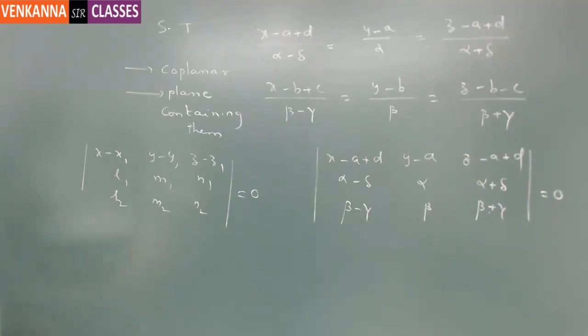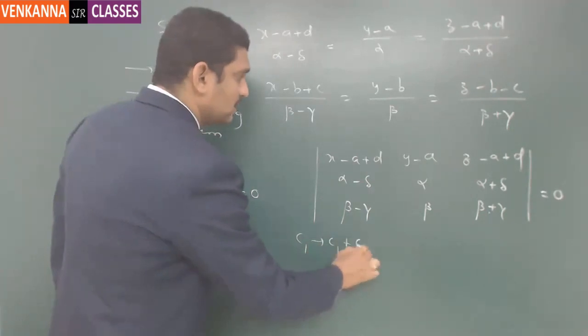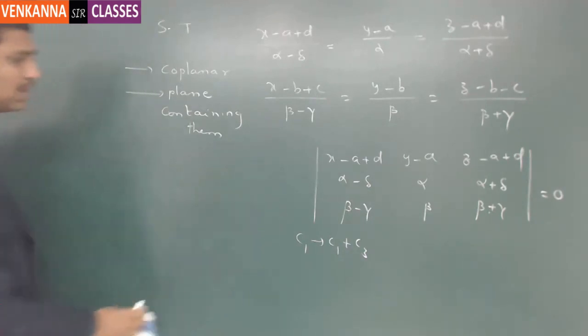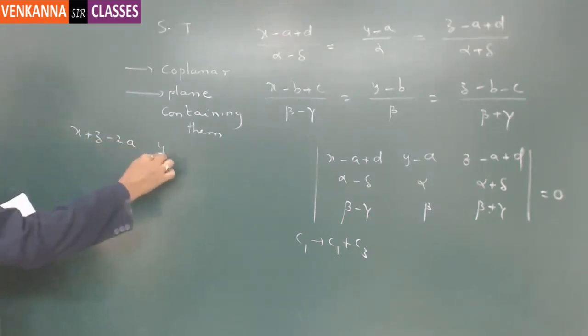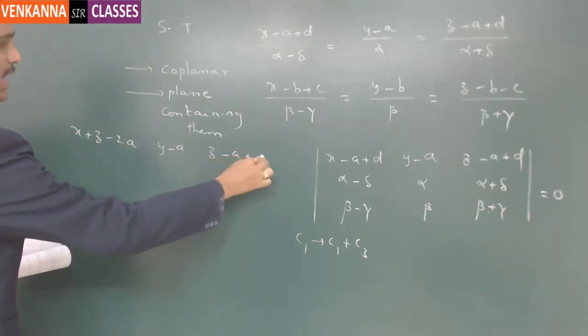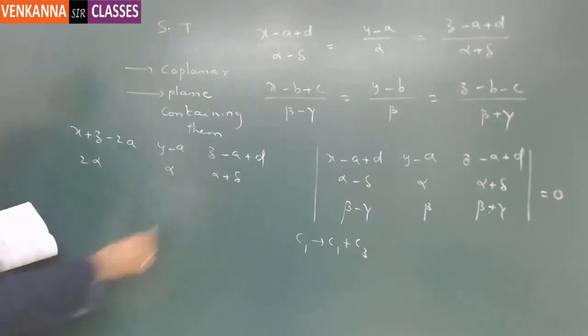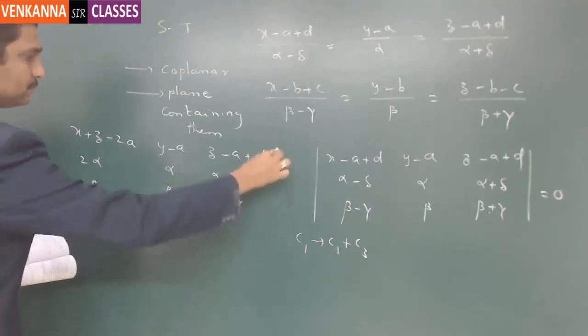So I will say that you can do C1 tends to C1 plus C3. I am using the properties of determinants. There is no restriction that you should do it in the same manner. You can use your own properties. Then it is going to happen as x plus z minus 2a, y minus a, z minus a plus d, 2 alpha, alpha, alpha plus delta, 2 beta, beta, beta plus gamma.